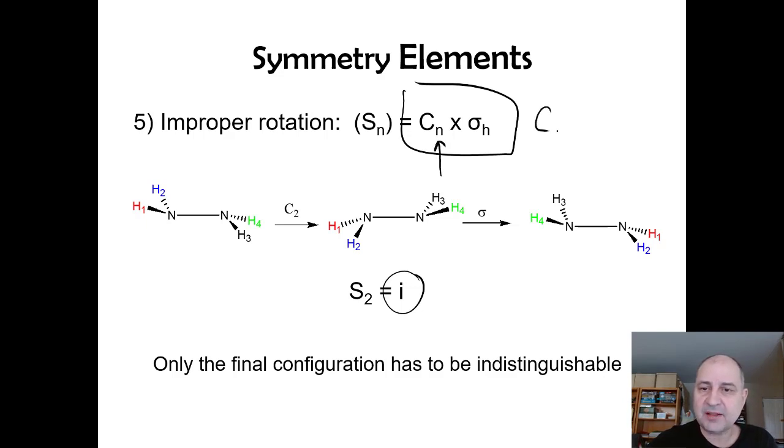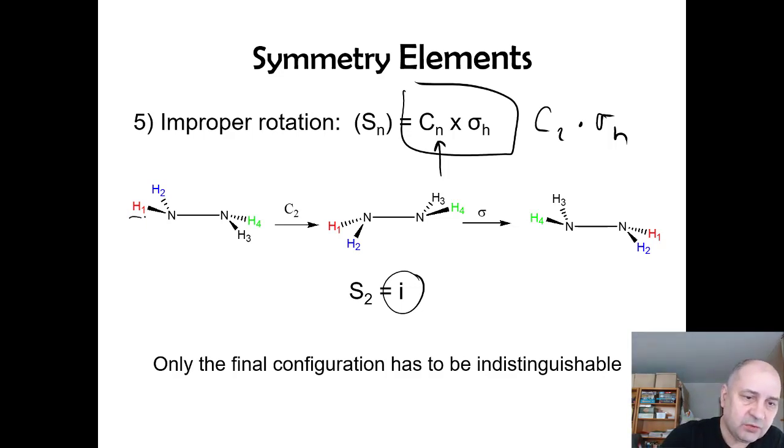So it would be a C2 followed by a sigma h along that C2. So the way I've drawn this here, I have assigned the C2 through the nitrogen-nitrogen bond, so that you can follow that. So there isn't a C2 there. So that's also important to note.